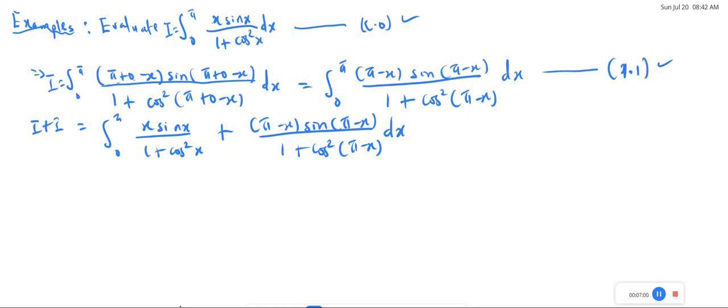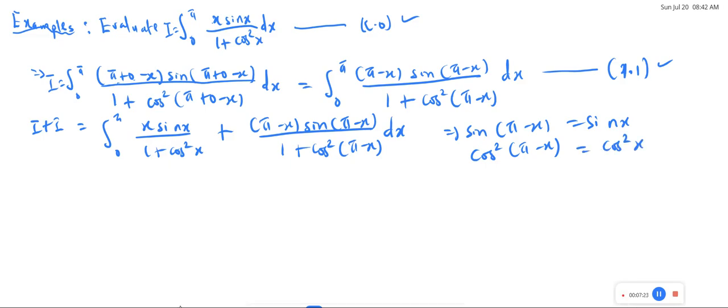Now the next thing to do is to recall some identities. We know that sine of pi minus x is the same thing as sine x, and also cos squared of pi minus x is the same thing as cos squared x.